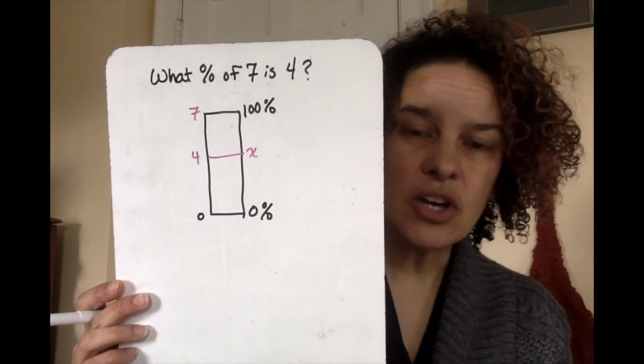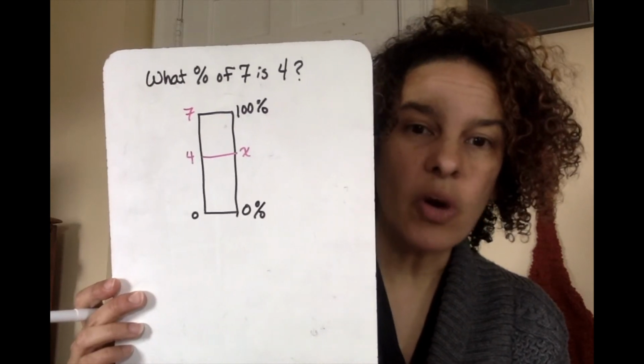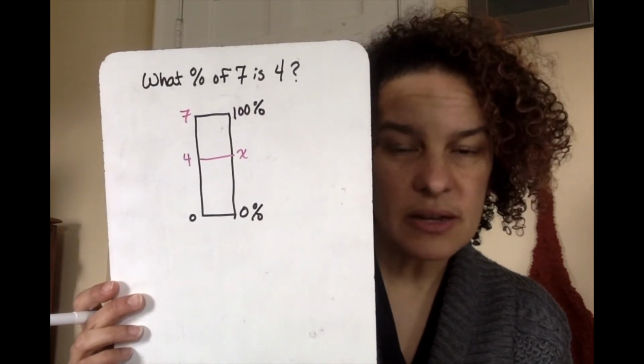So now I'm going to go ahead and set up my part over whole equals part over whole proportion. So my part in numbers over my whole in numbers is going to equal my part as a percentage over my whole as a percentage.